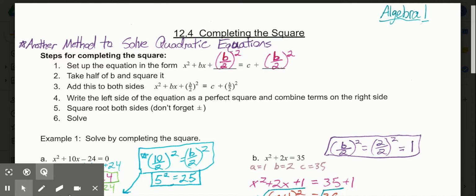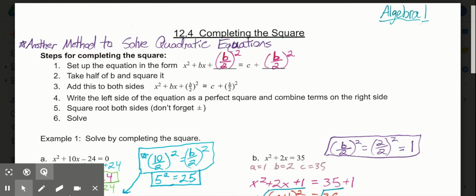Now, remember, a quadratic equation is just an equation written as ax squared plus bx plus c equals 0. So, in this method of completing the square, we have 6 steps to follow.